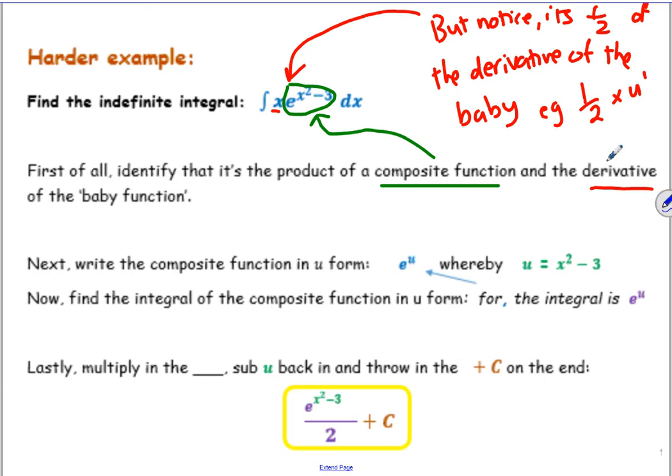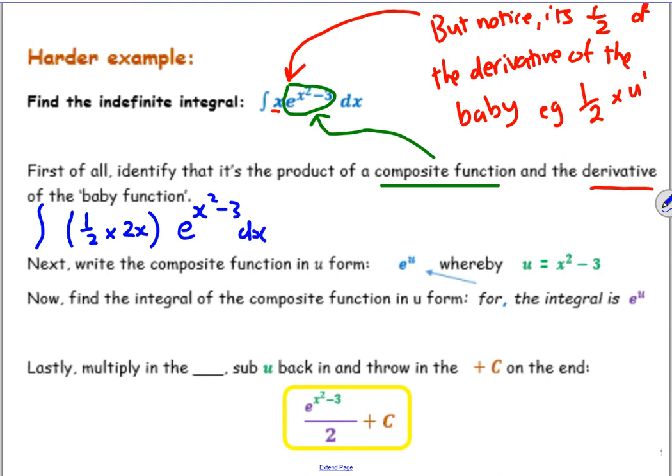We're going to say integrate half times 2x, which is the same thing as x, multiplied by e to the x squared minus 3, dx.